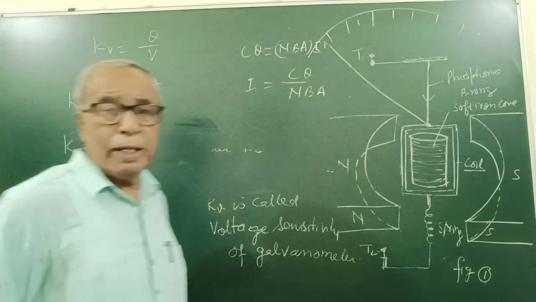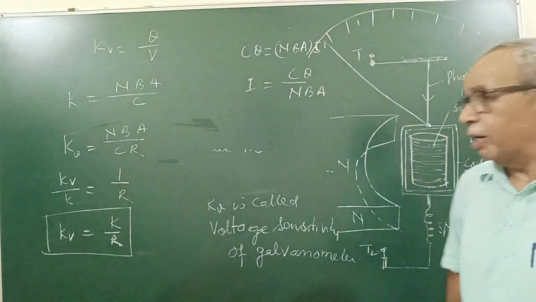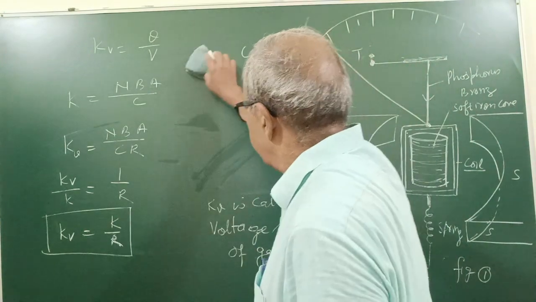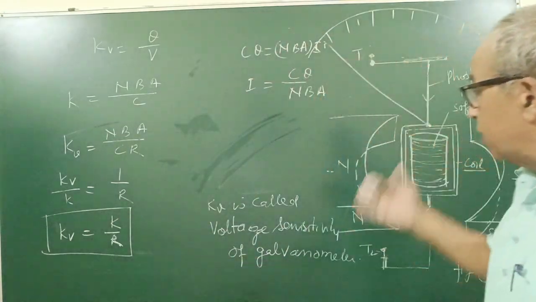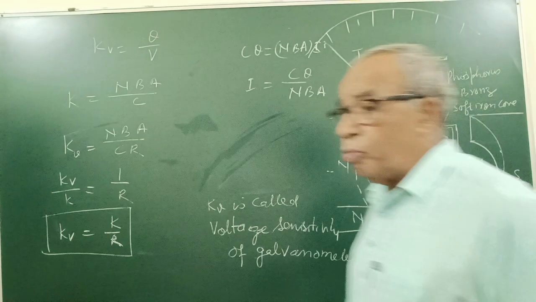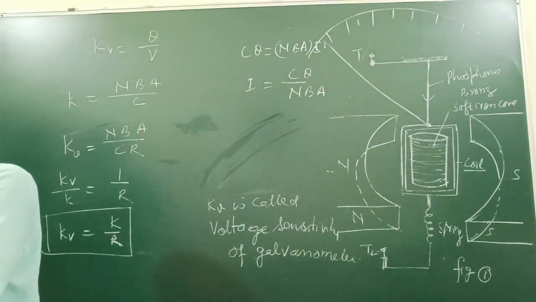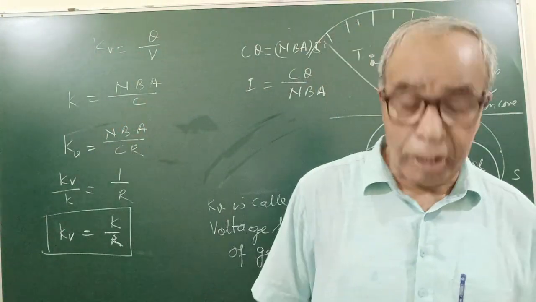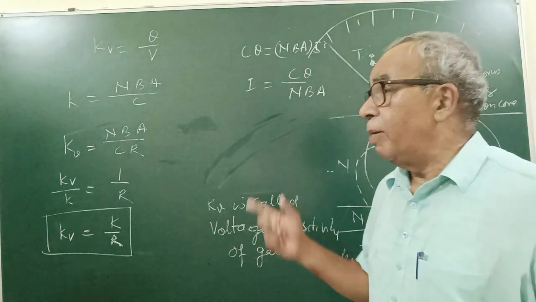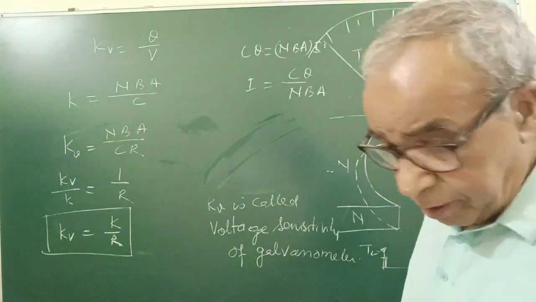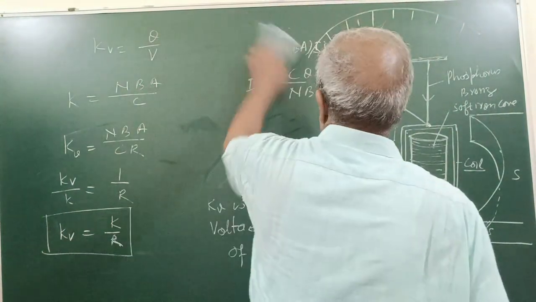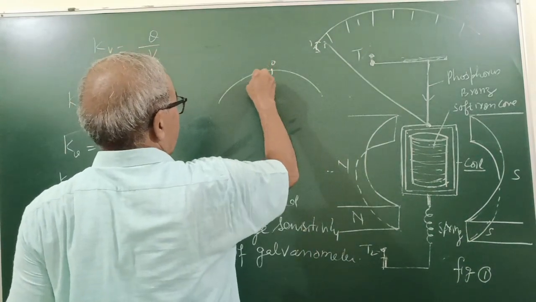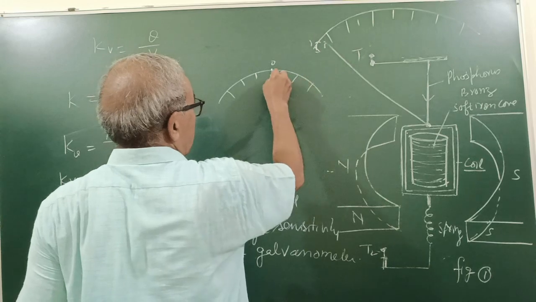So I have explained here the working principle of galvanometer. Now, what is the use of galvanometer? We can use this type of galvanometer to measure current, to measure potential difference, or to detect the current, the presence of current also. In laboratory, we use a galvanometer in which the scale is shown like this. जो स्केल होता है उसका यहाँ 0 बीच में, यहाँ 10, 20, 30, 10, 20, 30, and this way.